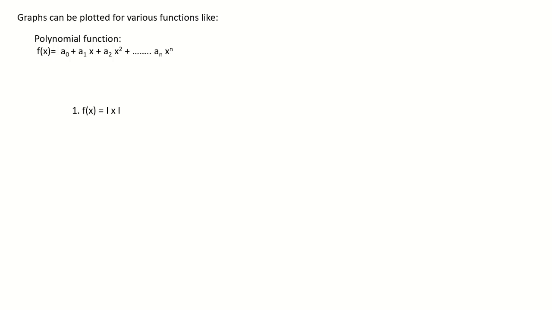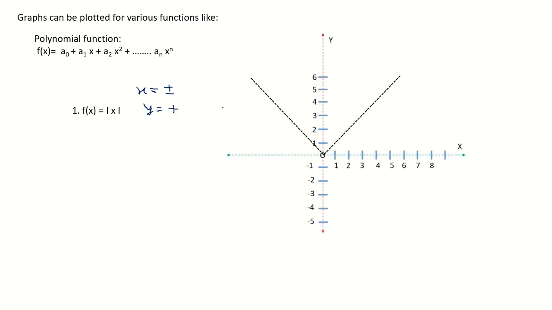For mod x, only positive values of f(x) will be plotted. x can be either positive or negative, but y will only be positive, and hence we obtain the plot in this way. This is for the positive value of y with positive x, and this is also for the positive value of y, but for the negative value of x.